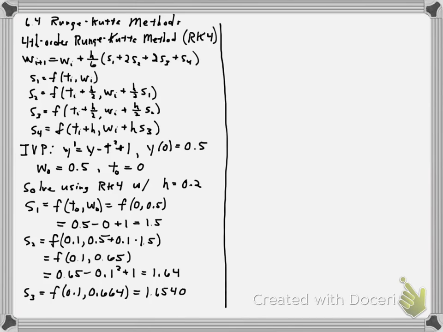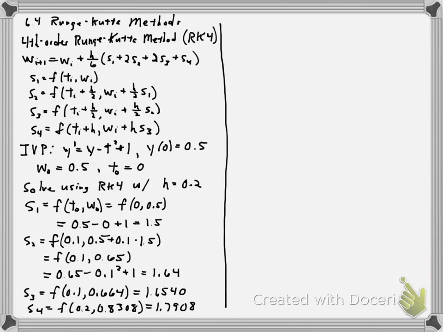And S4, now we evaluate the function at 0.2, and W sub 0 plus H times S3 turns out to be 0.8308, and this turns out to be 1.7908. So we've computed S1, S2, S3, and S4.